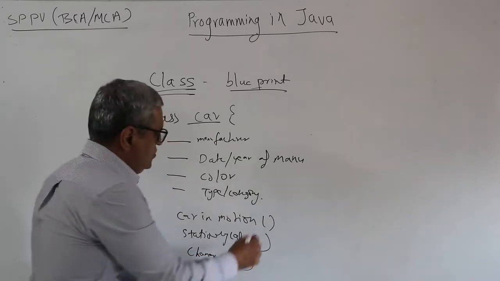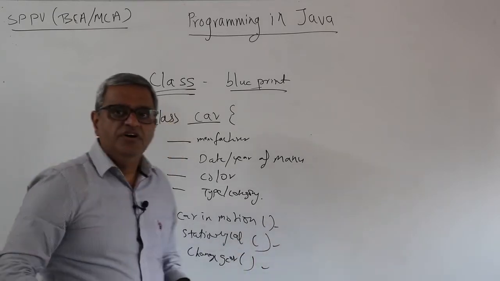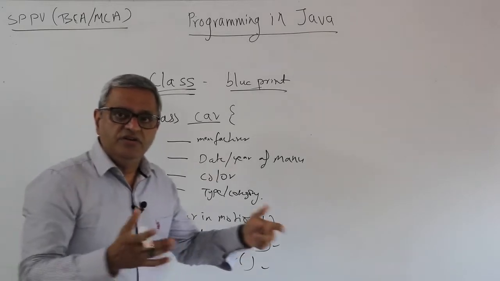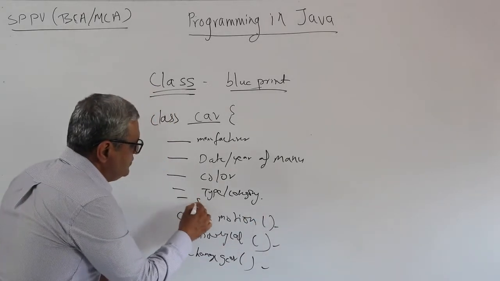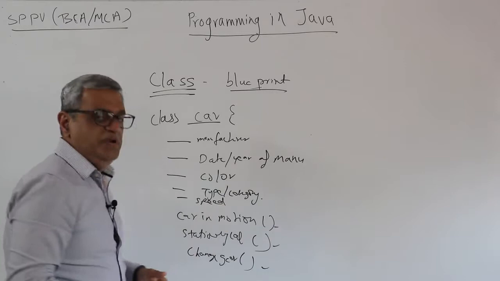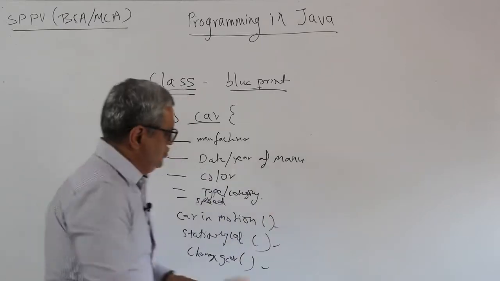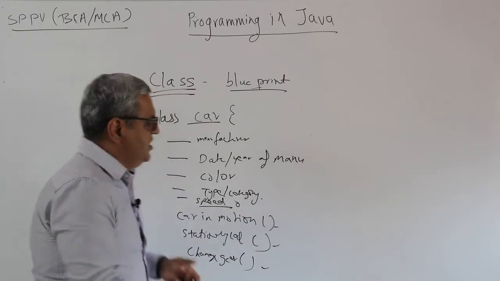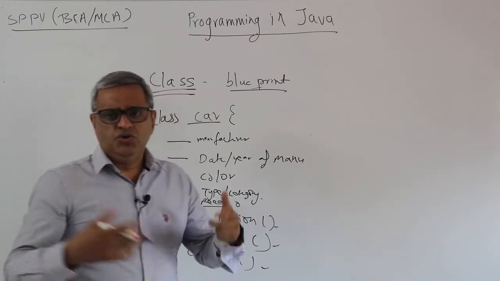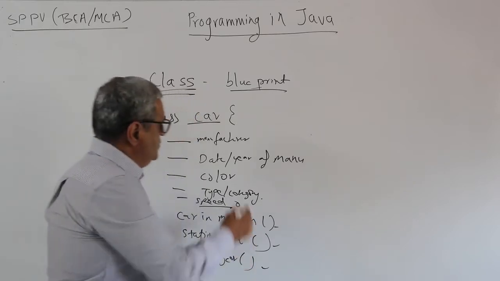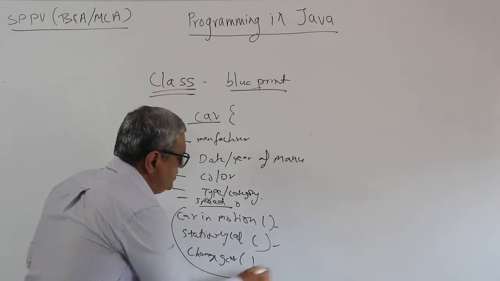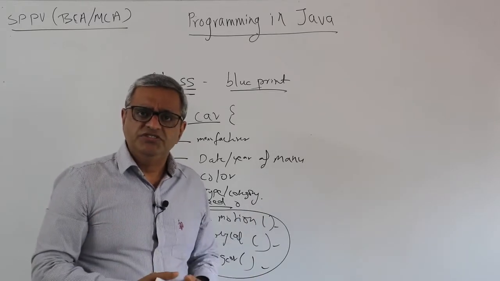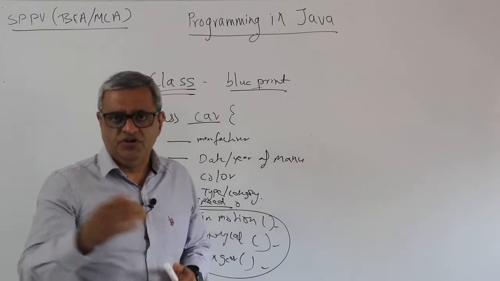So these could be different operations that could be done on a car. You could also have something called speed, which is another attribute. So if speed is 0, car is stationary. If speed is non-zero, car is moving. Okay, so these are the different attributes, and these could be different operations. There could be many operations that could be performed on a car.